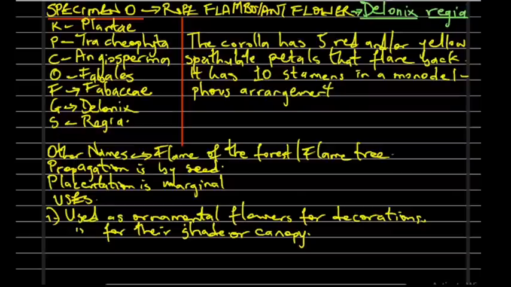So what do we mean by monodelphous arrangement? The lower 9 of the fused stamens form a partial tube with the 10th stamen that is unfused.